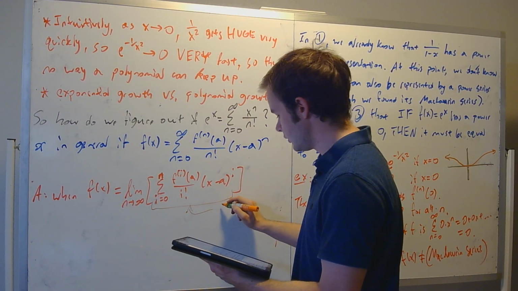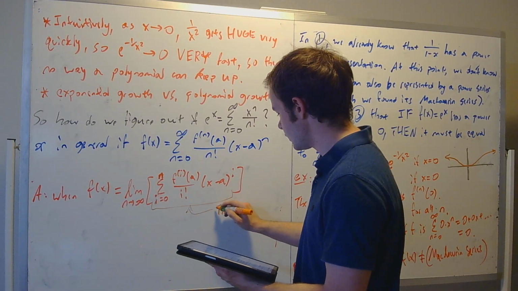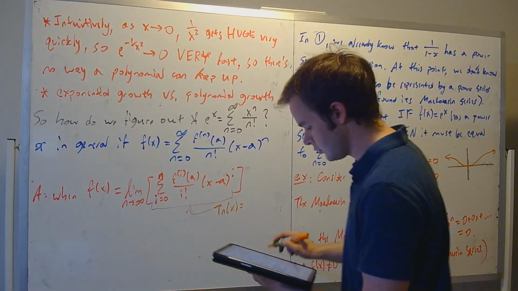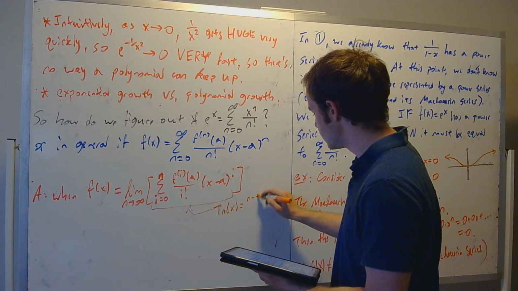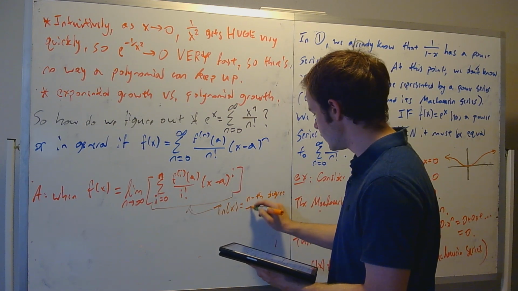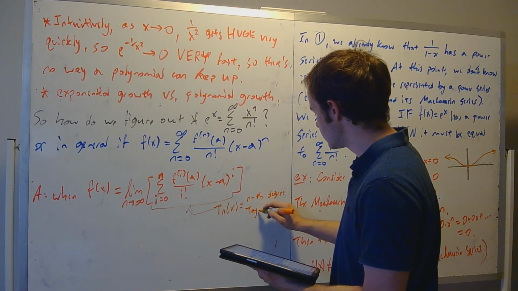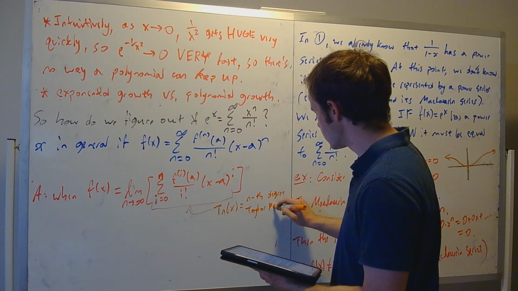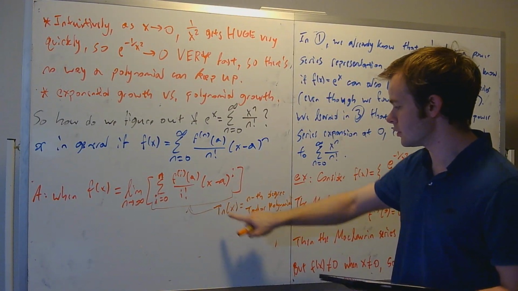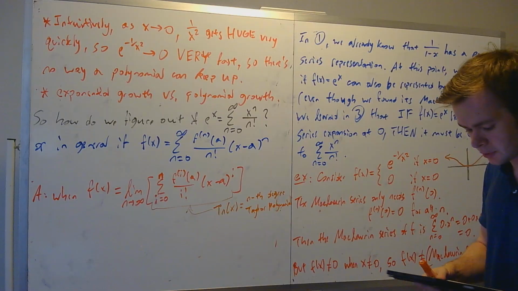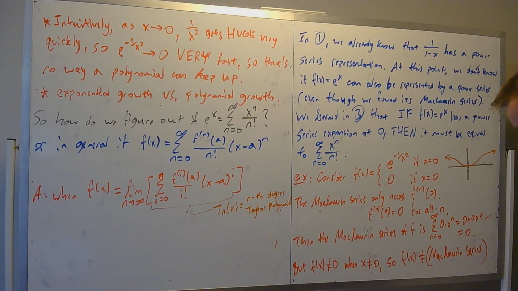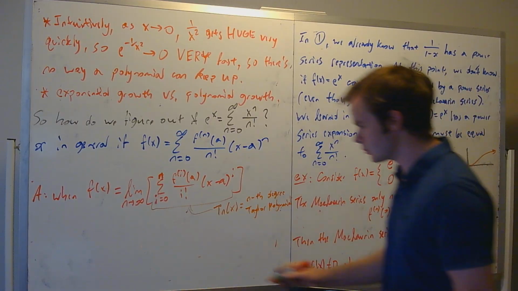So we call this part T sub n of x, which is equal to the nth degree Taylor polynomial. So we call this thing on the inside the nth degree Taylor polynomial, and we call this thing the limit of the sequence of partial sums.